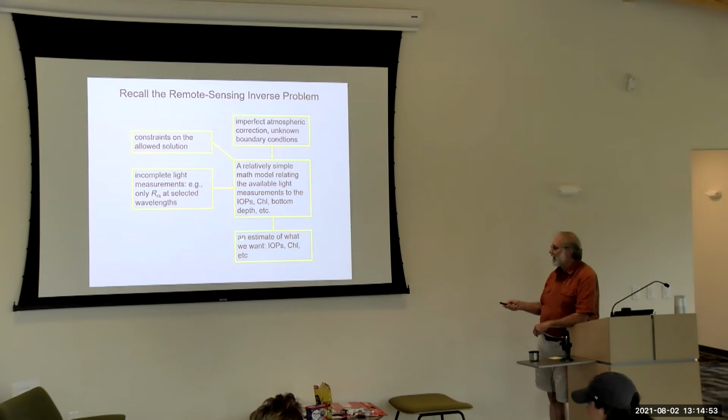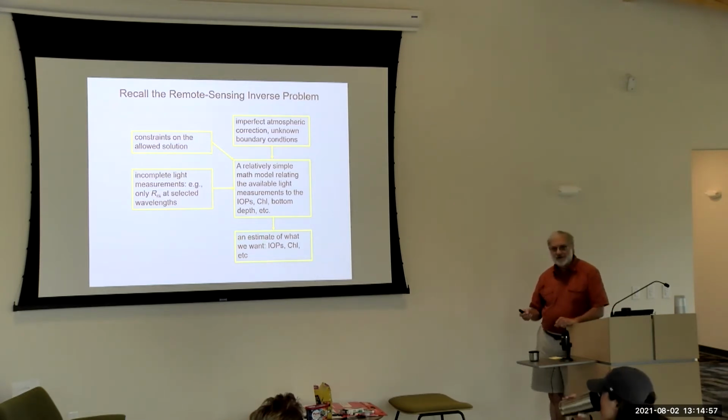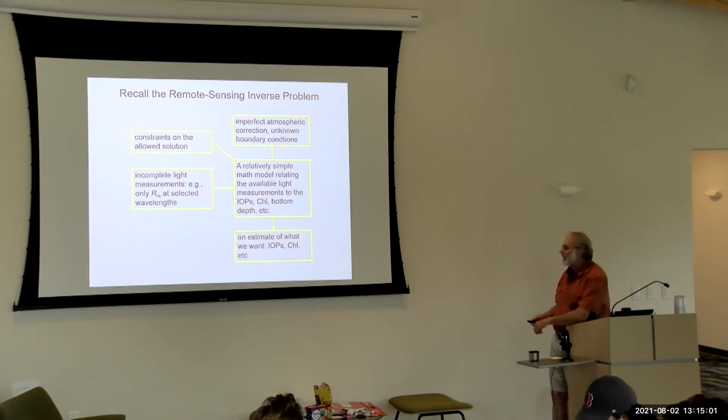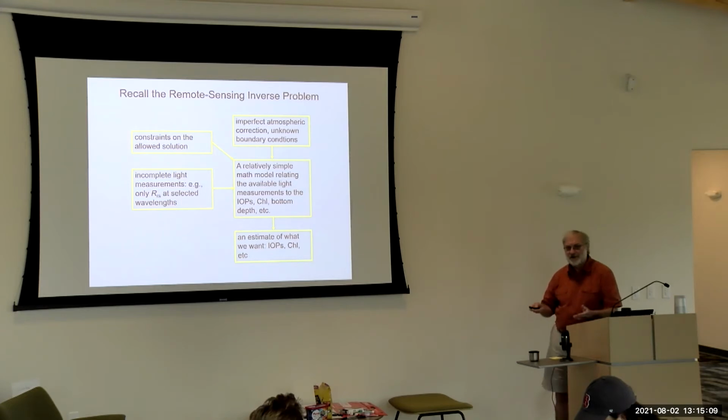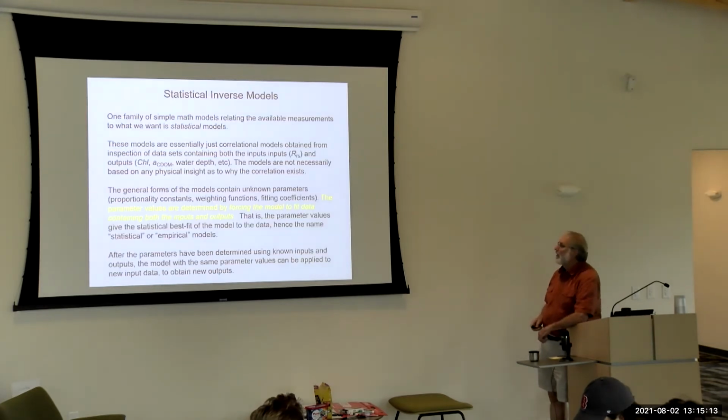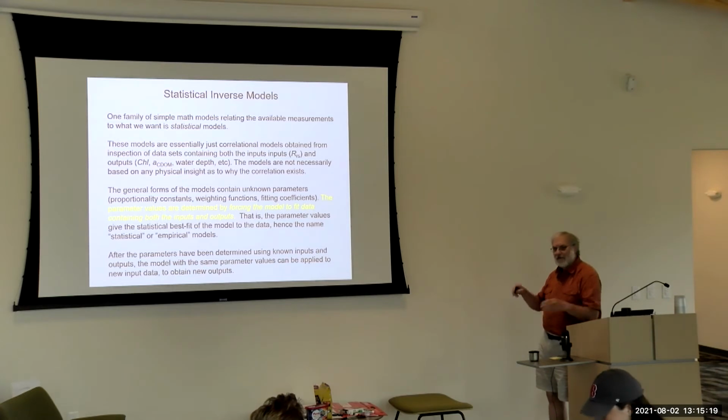And I'll emphasize it's always an estimate, because in remote sensing, you're never 100% sure you actually got a good value. And so this estimate has the effects of all these errors in atmospheric correction, radiometric calibration at the satellite, on and on.